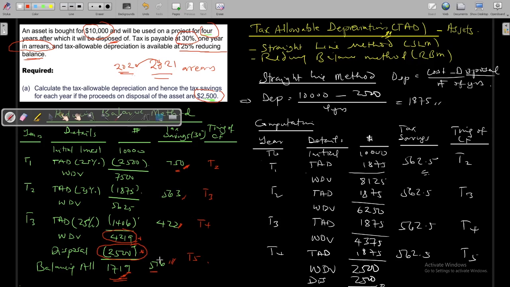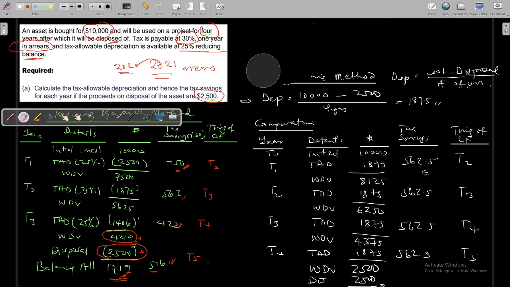What will happen if the disposal amount is 5,000? Will the company get tax savings, or what will happen to the company? Let me clean this part and consider that scenario.